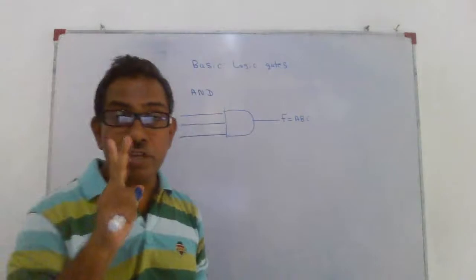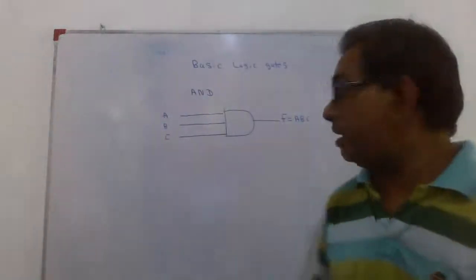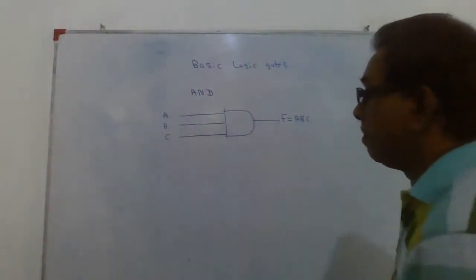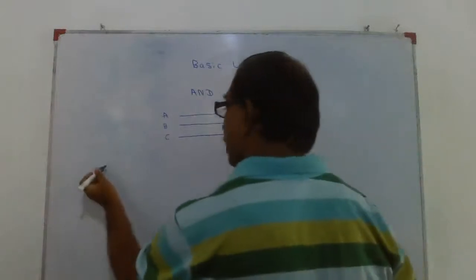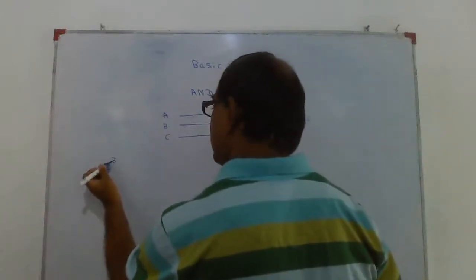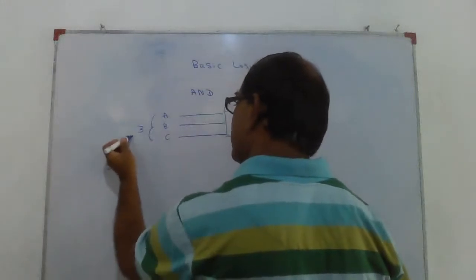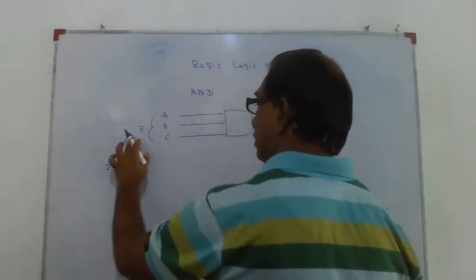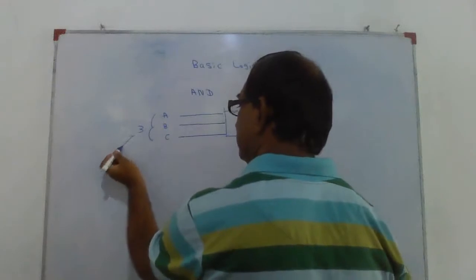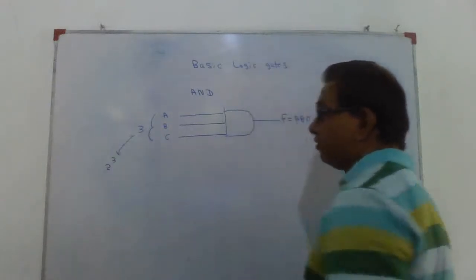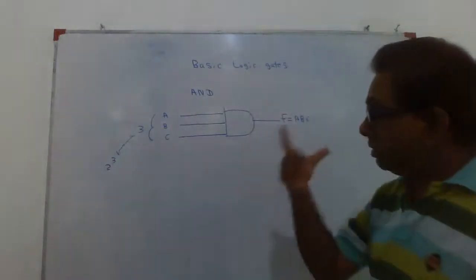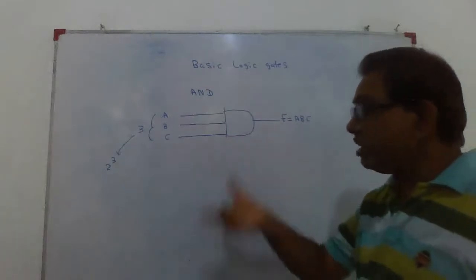So if we have 3 values, we take 2 to the power 3, which means 8.